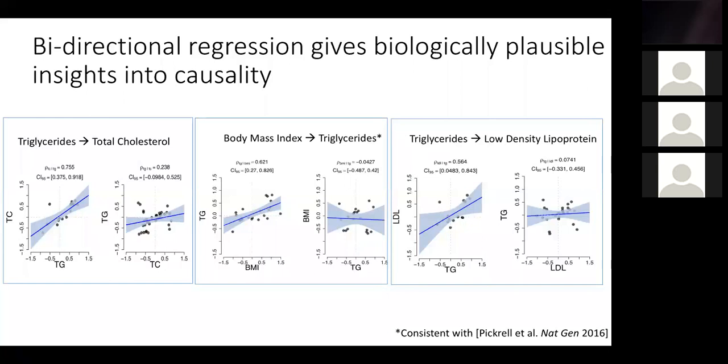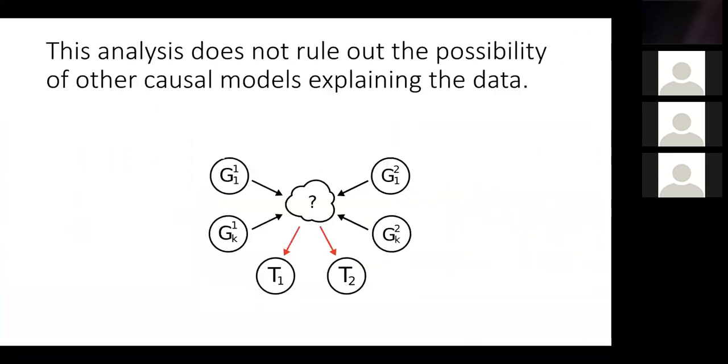In addition, we're able to confirm a previously established causal link going from BMI to triglycerides and find additional plausible links going from triglycerides to LDL. Again, I want to stress that while these analyses are consistent with putative causal models, we cannot rule out additional models such as those where the genetic correlations are driven through shared pathways or pleiotropic effects.